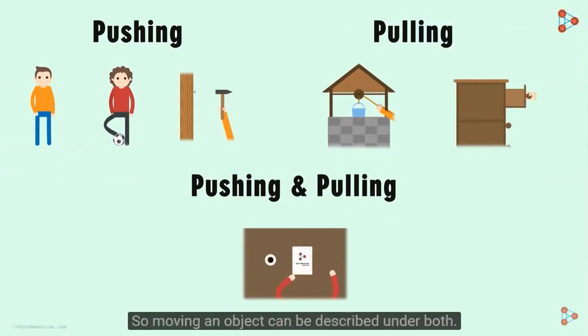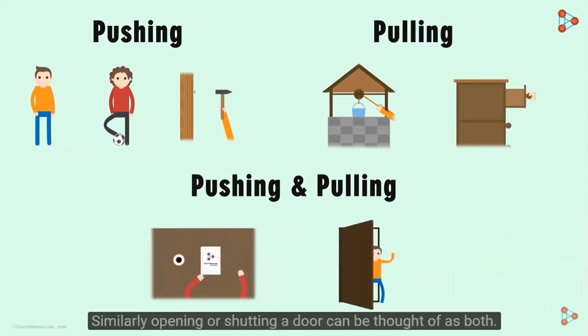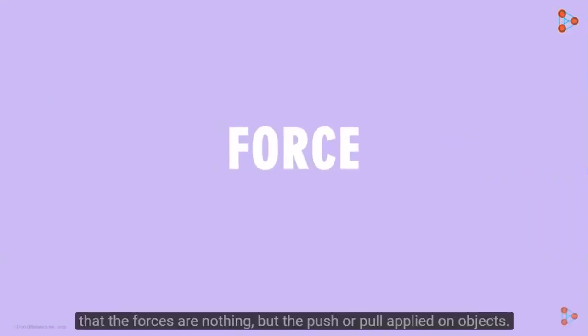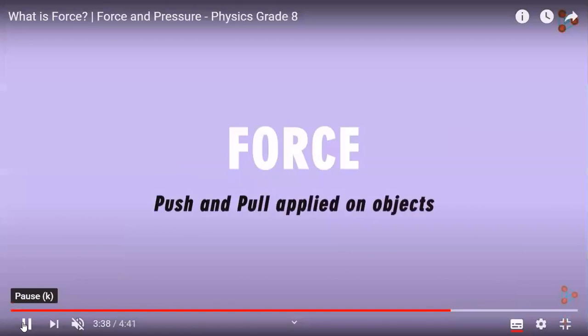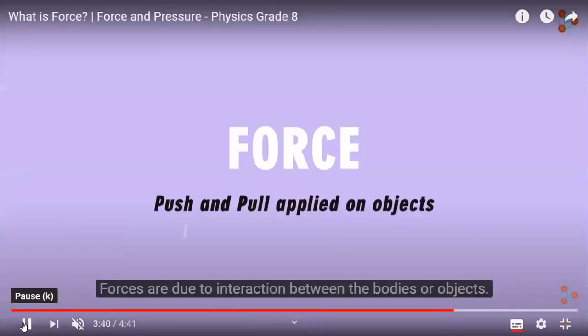So moving an object can be described under both. Similarly, opening or shutting a door can be thought as both push or pull. So we can safely say at this point that the force are nothing but the push or pull applied on objects. Forces are due to interaction between the bodies or objects.